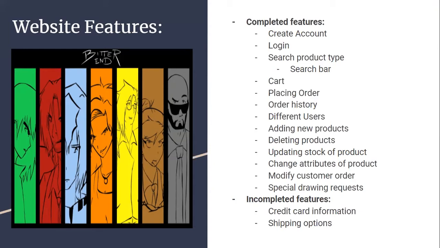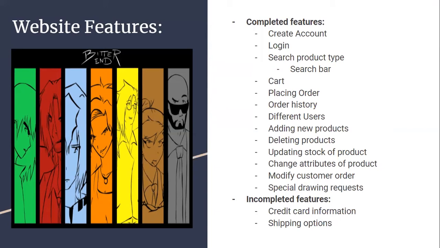For just going over the features of the website, we can create accounts, you can log in, you can search for products among the website. There's a working shopping cart. You can place orders. There's an order history for individual customers. Obviously, there are different users on the website.